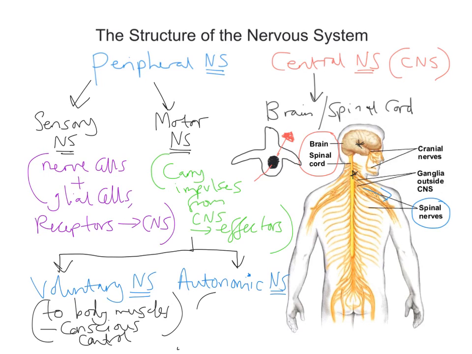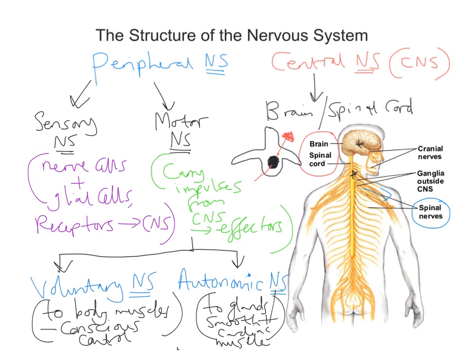The autonomic nervous system, however, that carries impulses to things like glands and smooth and cardiac muscle, and that is under involuntary or is subconsciously controlled. So this is to glands, smooth and cardiac muscle, and there's not quite enough room there, but that's under involuntary control. So that's how we can break down the motor system even further: voluntary nervous system and autonomic nervous system.